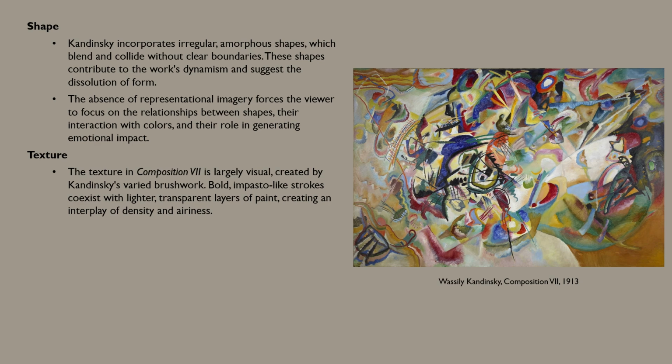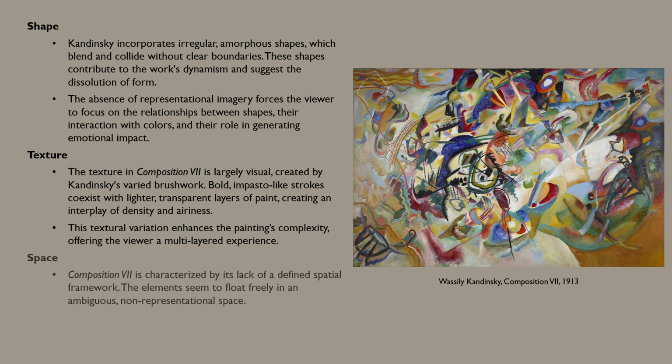The depth isn't actually there. It is the illusion of depth created by the paint itself and the composition, the shapes, the lines. The textural variation enhances the painting's complexity, offering the viewer a multi-layered experience, right? We can actually see the paint and then the effects of the paint on our perception.